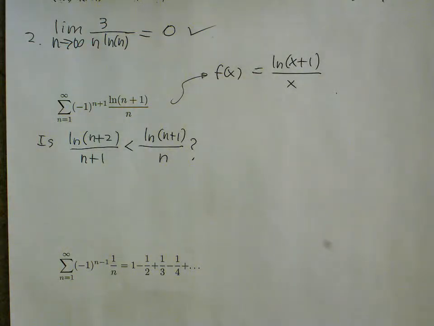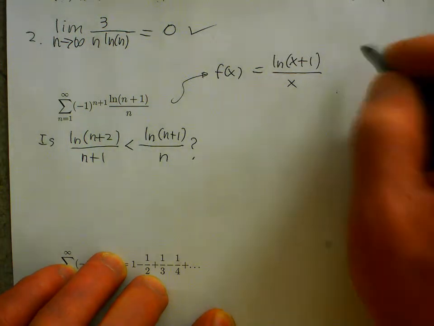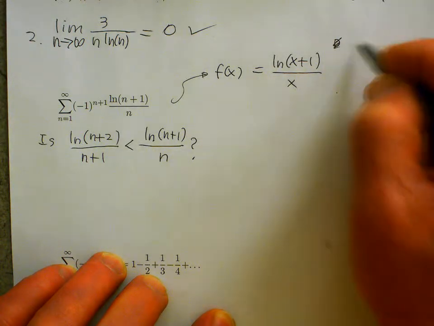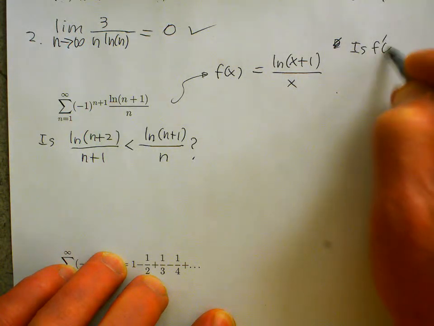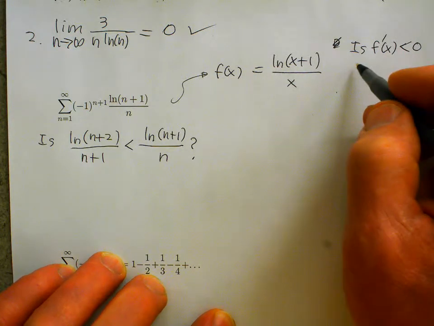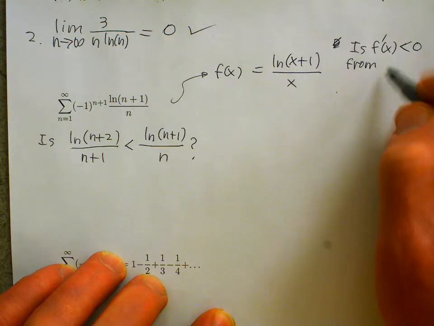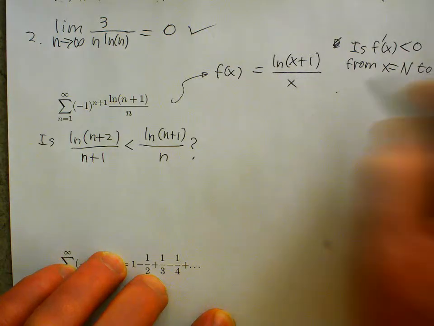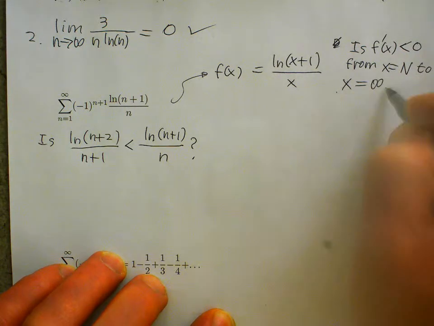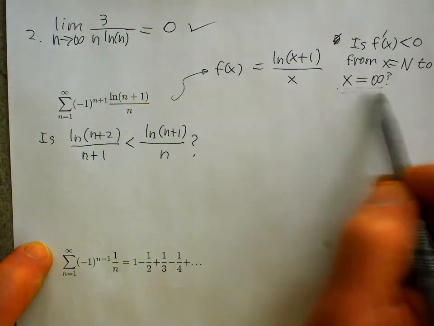If the derivative of a function is negative on an interval, it means that the function is decreasing on that interval. So this is what we want to do. Is f prime of x less than 0, say from x equals n to x equals infinity? This is not really a true equation, but you get what I mean.